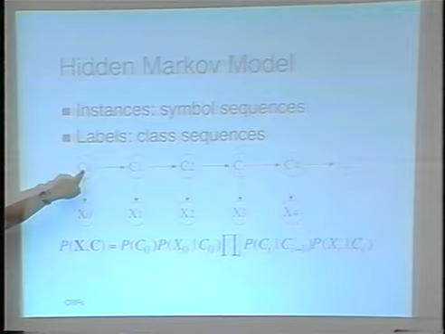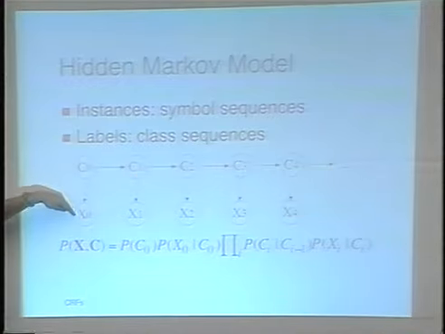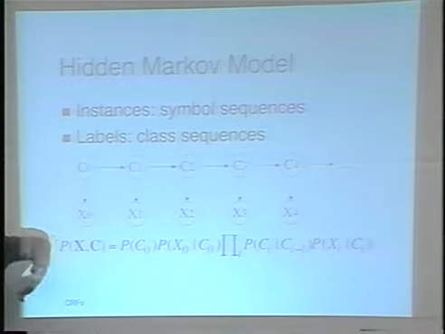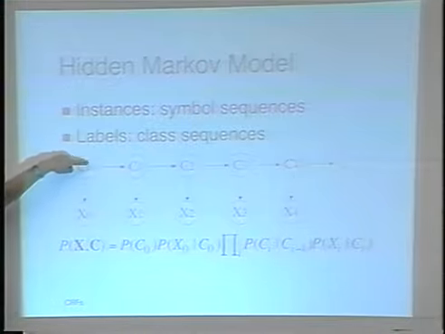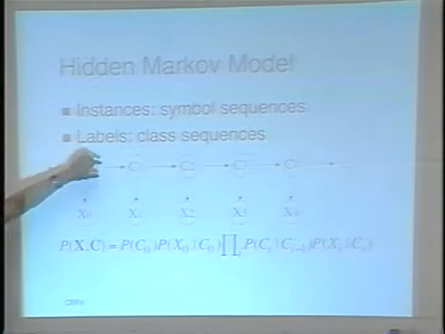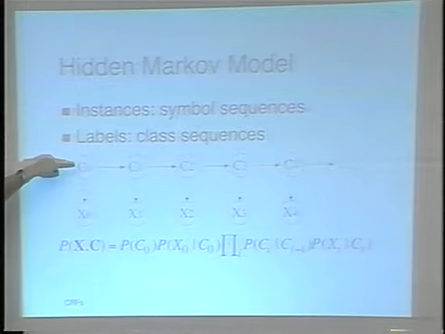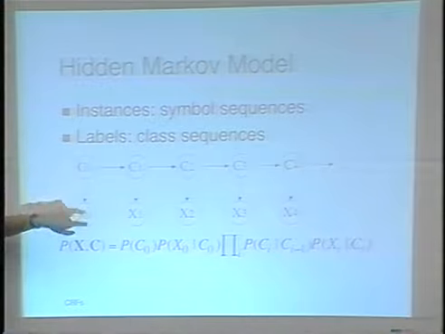So this is a label or state at position 0, position 1, position 2, etc. And the corresponding observations. So here would be some kind of class, say person or company or whatever it may be for the information extraction case, and here is the word that you observe at that position.